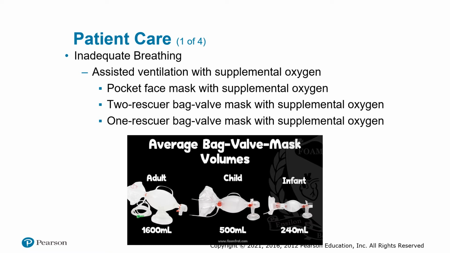For inadequate breathing, we're going to assist with supplemental oxygen. We can do that with a pocket face mask, a 2 rescuer BVM with supplemental oxygen, or a 1 rescuer BVM with supplemental oxygen.